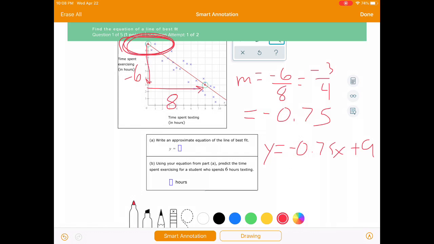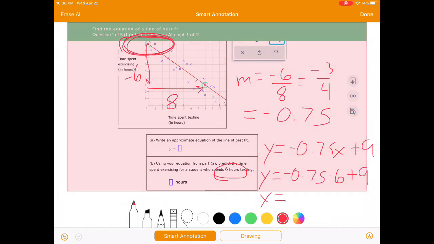And then the next part says, let's make a prediction if someone is spending 6 hours. So we simply put 6 in for our x value. And we calculate what this answer is going to be.